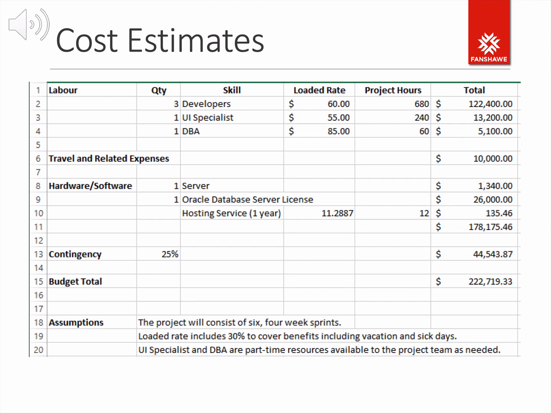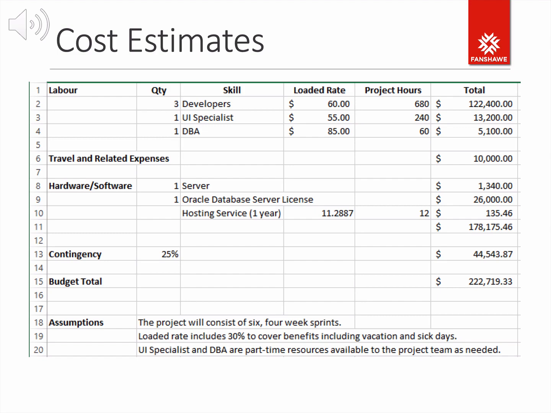So if an individual makes $20 an hour, the loaded rate for that individual would be $26 an hour. So an additional 30% just to cover benefits, vacation, sick days, that kind of stuff. So 3 developers times the loaded rate is 60 times 680 hours gives you 122,000.